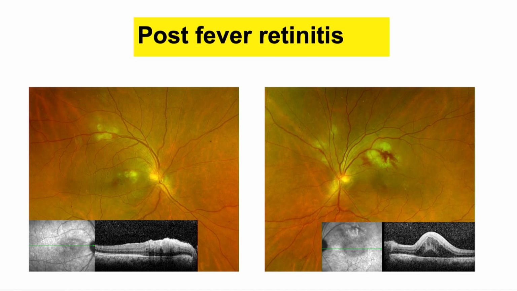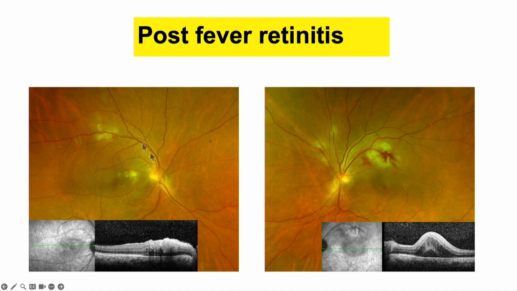Now coming to the other etiology, post-fever retinitis. Post-fever retinitis is a multifocal retinitis, and it is because of an immune-mediated reaction to the pathogen, mostly a fever which has happened within 3 months.